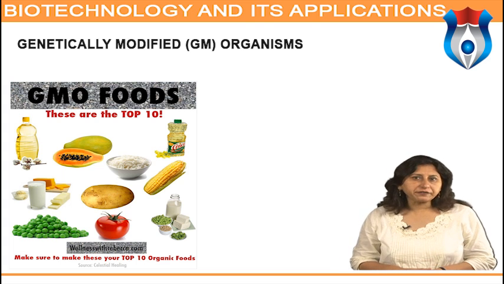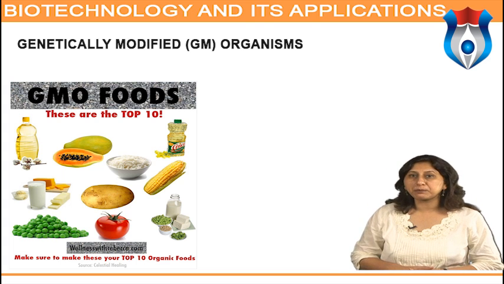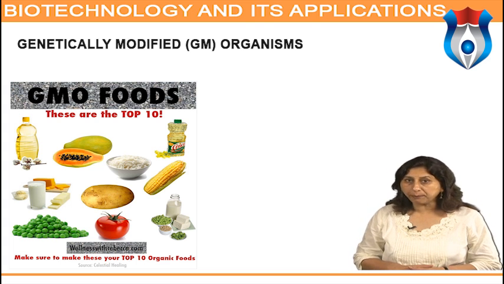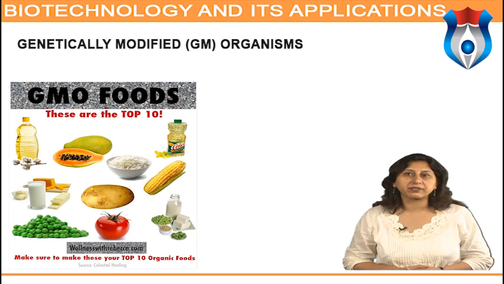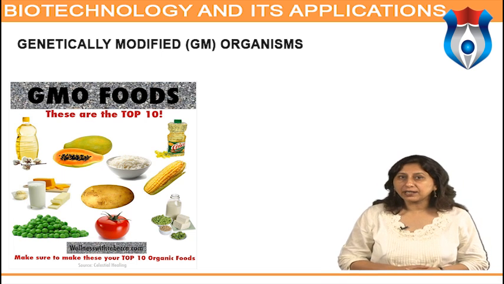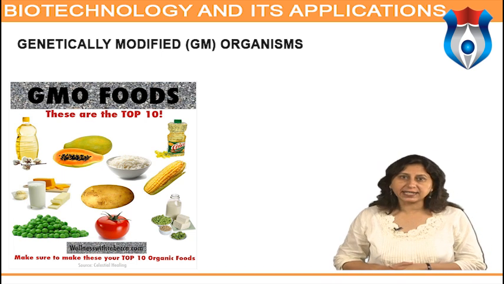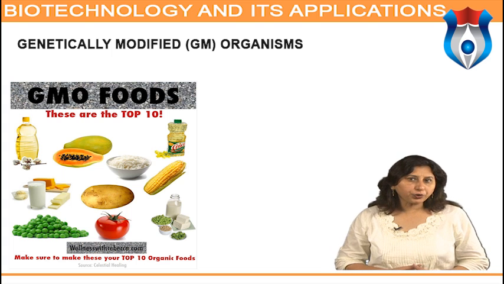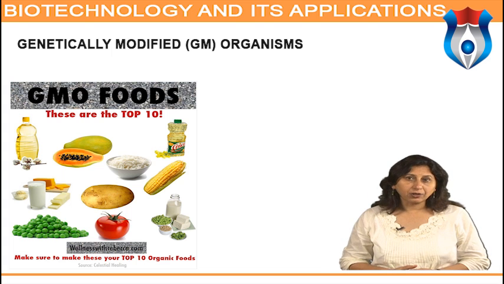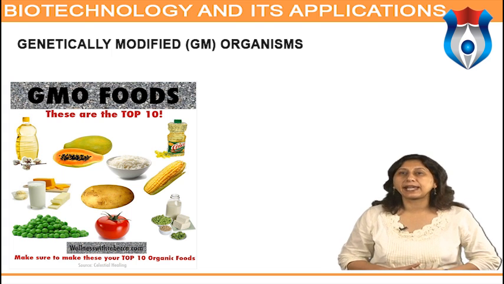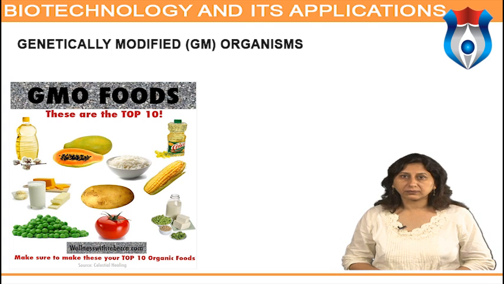For thousands of years, farmers and plant breeders have been changing crop plants to improve characteristics such as size, resistance to disease, and taste. Plants which grow well, have a higher yield, or taste better are selected and bred from.